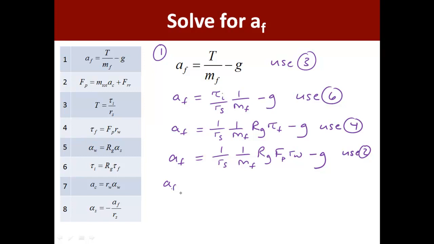So AF is equal to, I'll move the RW over here so my R's are together, RW over RS times 1 over MF times RG, and then substituting in for FP is M total times AC plus FRR, the rolling resistance force, and minus G. And the unknown in this equation is AC, and so we can use equation 7 to plug something in for AC.